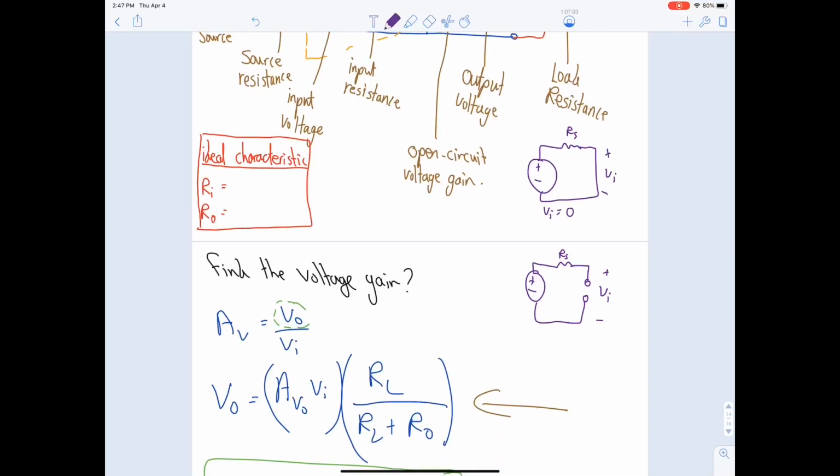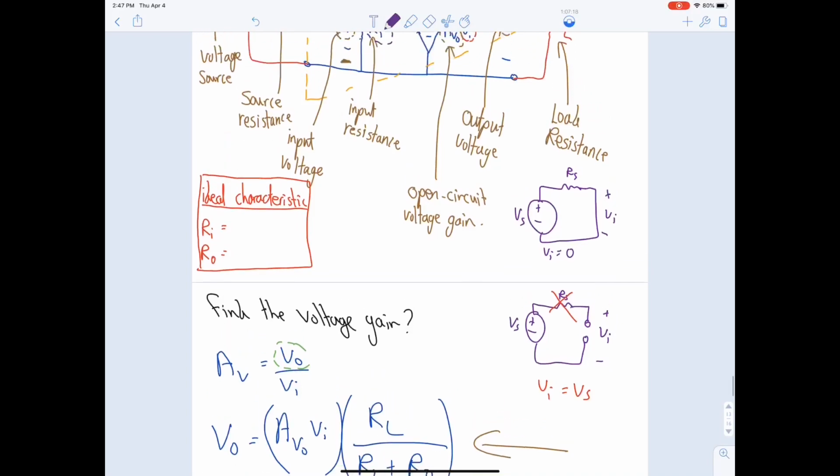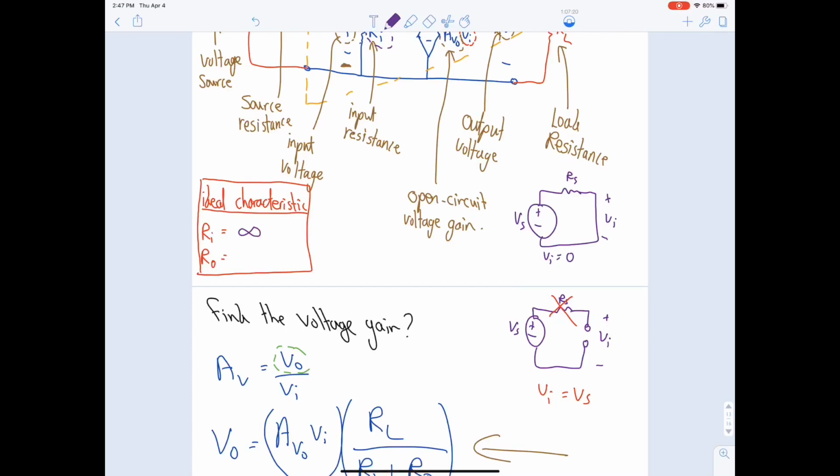It's always equal to 0. Whereas here, there's no current. If there's no current, the resistance is useless. Hence, Vi is equal to Vs. This is Vs, of course. So we need Ri to be an open circuit for Vi to become equal to Vs.